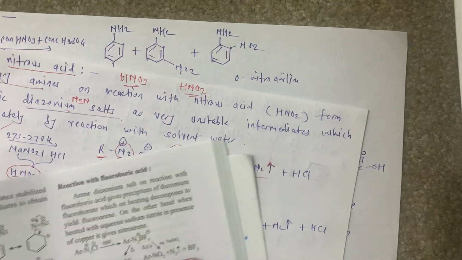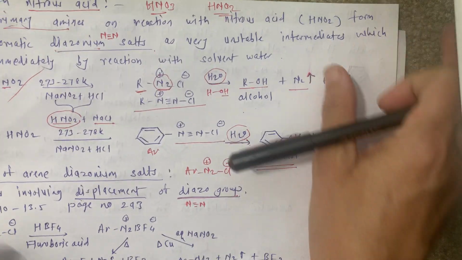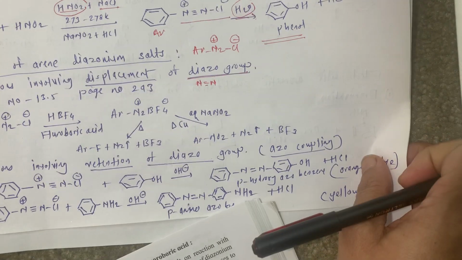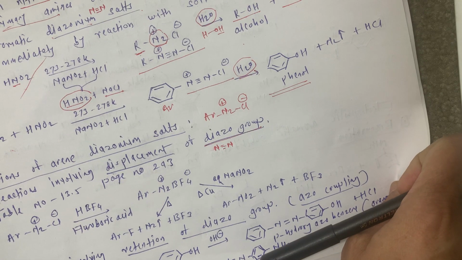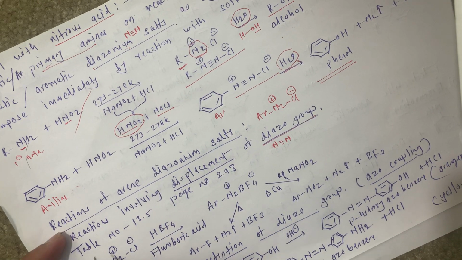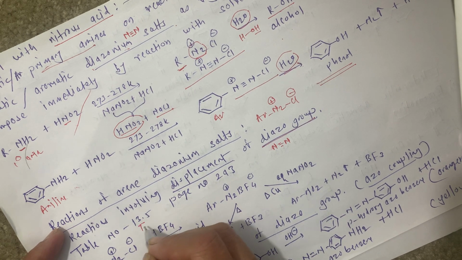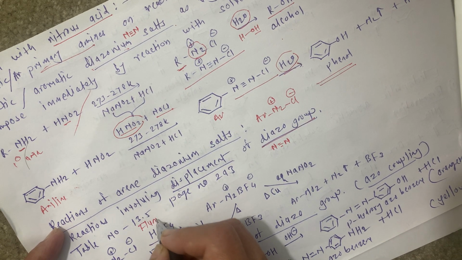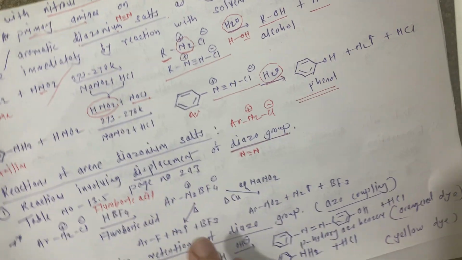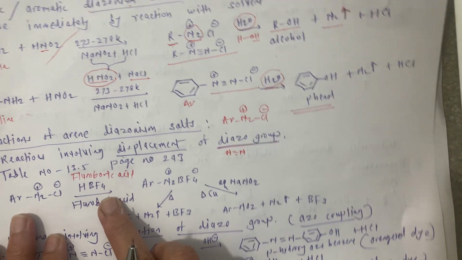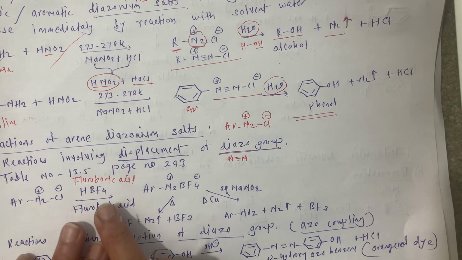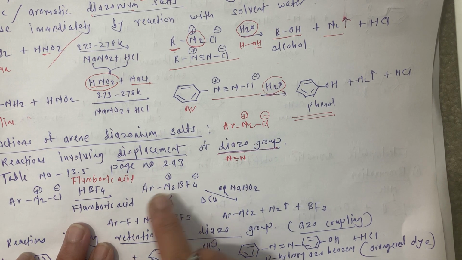In such type of reaction, one specific reaction is also mentioned which is very important, and that is reaction with fluoroboric acid. This is our fluoroboric acid, HBF4. So what is going to happen here, ArN2+Cl- with HBF4.